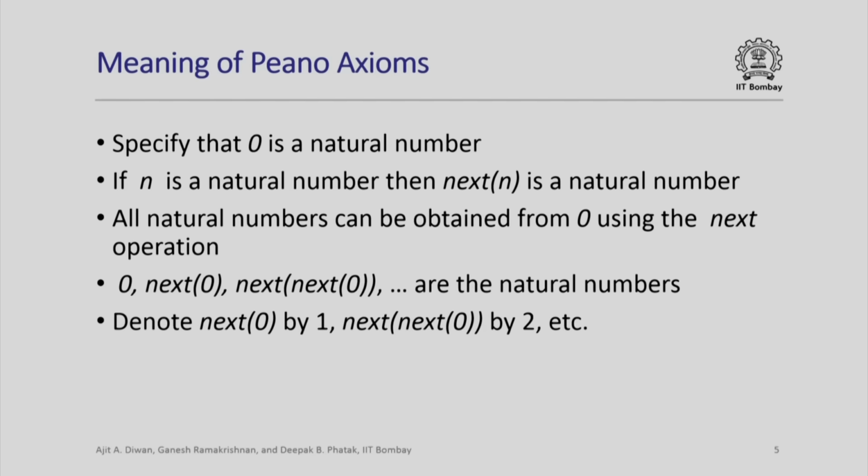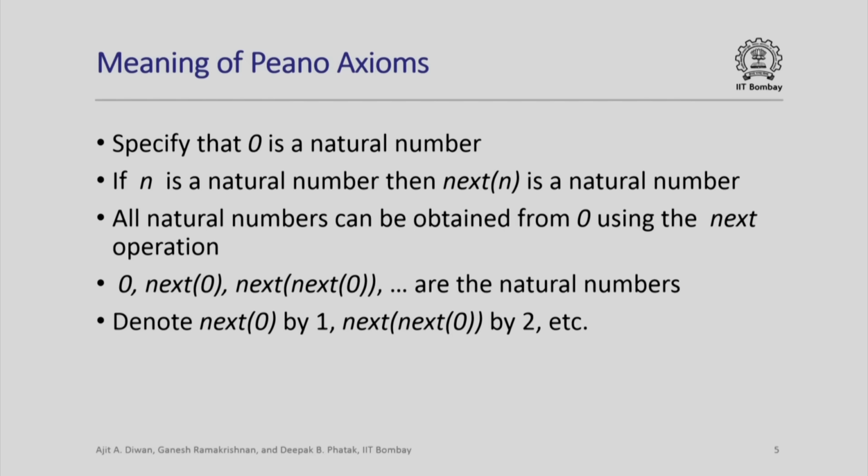So let us look at the meaning of these Peano axioms. What do they say? They specify that 0 is a natural number. The first axiom says that we have a number called 0 which is a natural number. If n is any natural number, then next of n is a natural number. And the third property essentially says that all natural numbers can be obtained from 0 using the next operation.